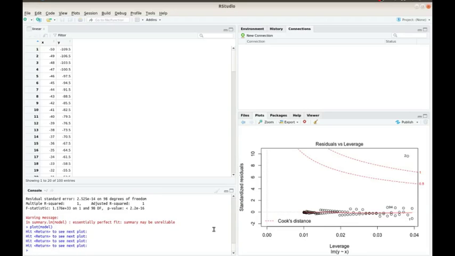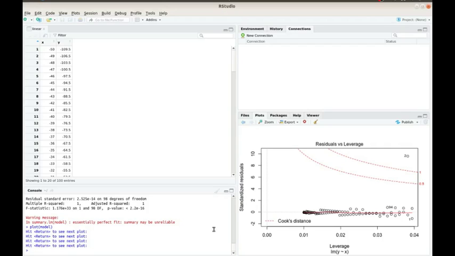And here we see the Cook's distance. Here we have a value of 0 for the standardized residuals against the leverage of the linear model.